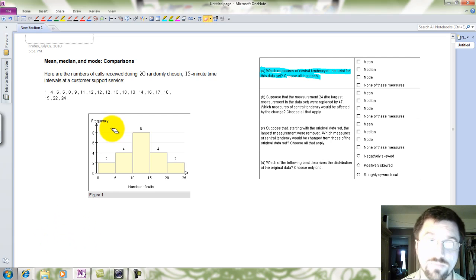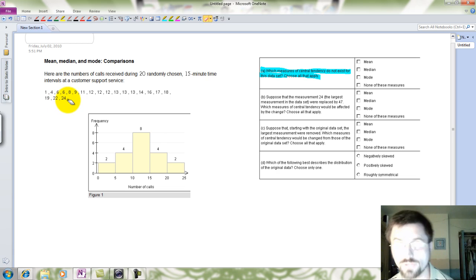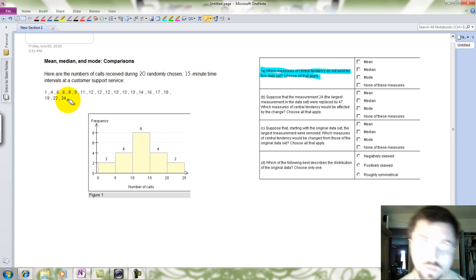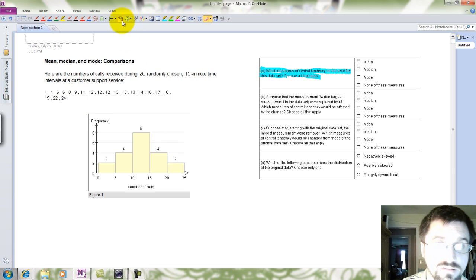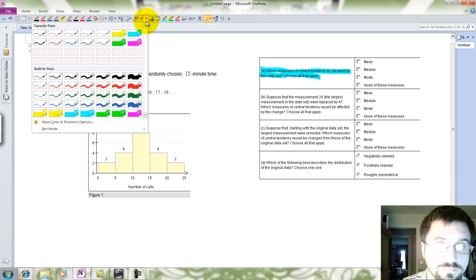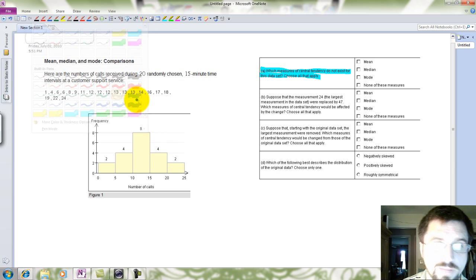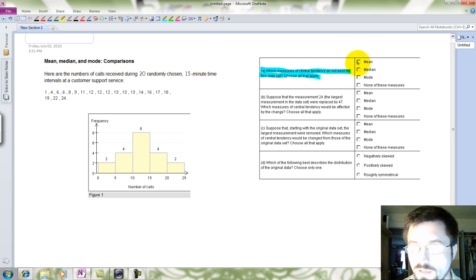The only time we don't have a mode is when we have a uniform distribution where all the numbers occur an equal number of times. So if all the numbers occurred 1 time or 2 times or 3 times, that would be a uniform distribution and it would not have a mode. Okay, having said that, the answer to this is... I like green. It is none of these.